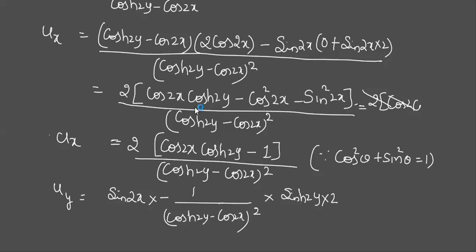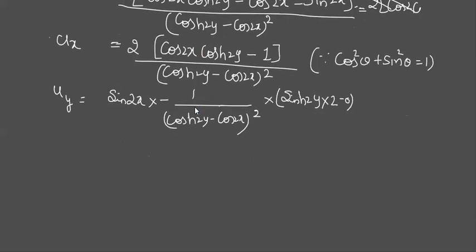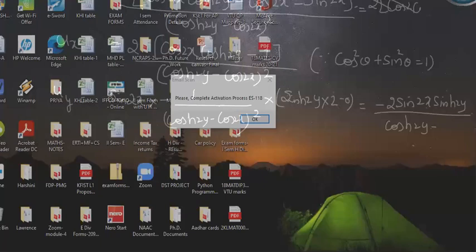And the derivative of cos 2x is 0, because we are differentiating with respect to y. So altogether, if I multiply, this is minus 2 sine 2x into sine hyperbolic 2y divided by cos hyperbolic 2y minus cos 2x the whole square.